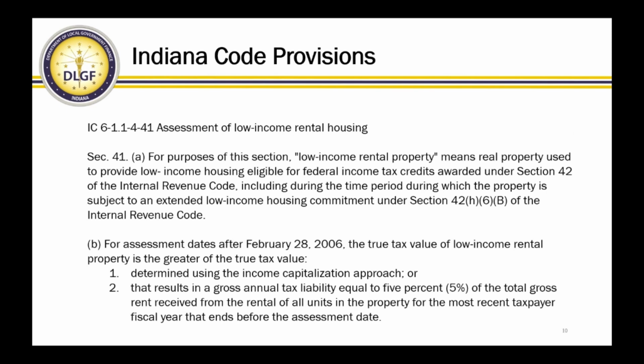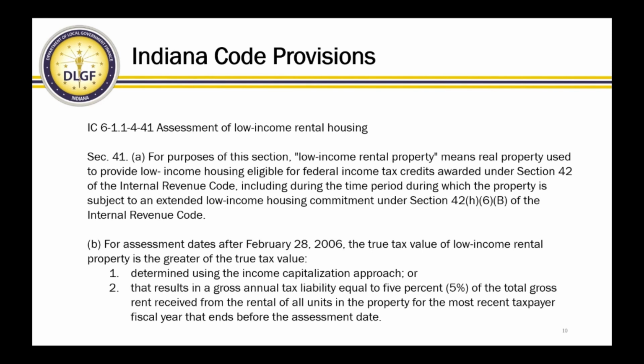Indiana Code 6-1.1-4-41 talks about the assessment of low income rental housing. And by this, it talks about using or not using the federal income tax credits under Section 42 properties from the Internal Revenue Code.